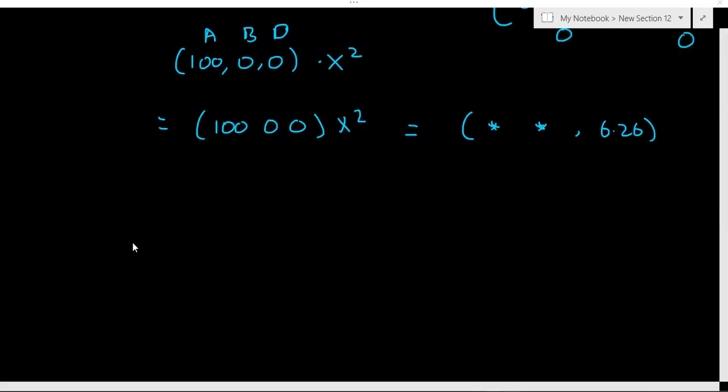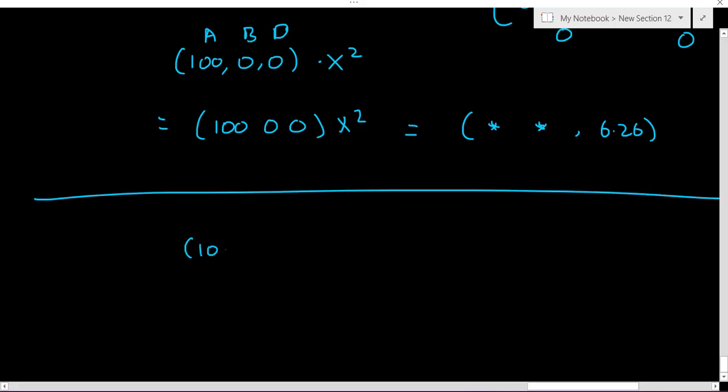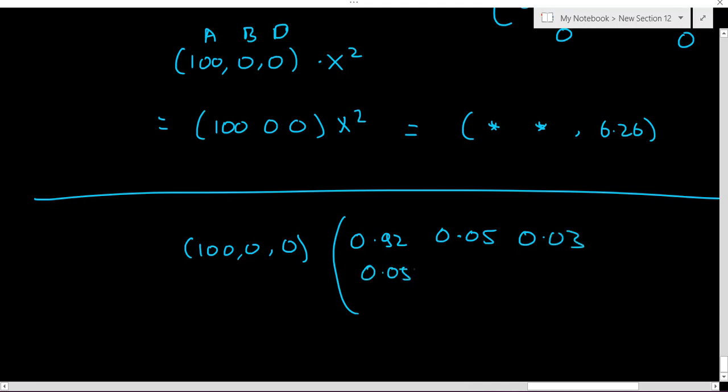Okay, so again we are starting off with 100 companies, and in the first year I apply the same matrix to it, which was x, given as 0.92, 0.05 and 0.03, and 0.05, 0.85, 0.1 and 0, 0, 1.